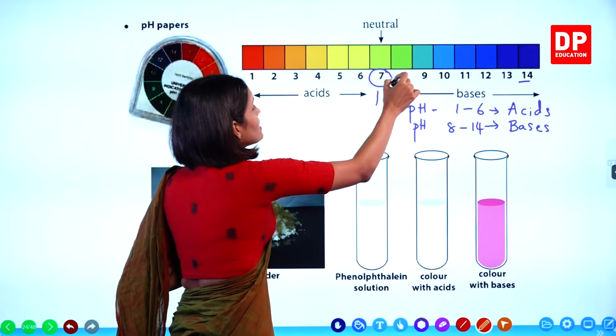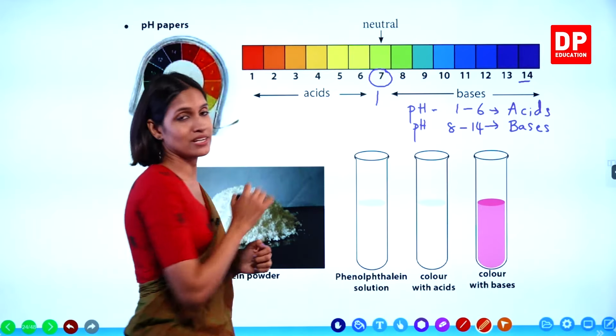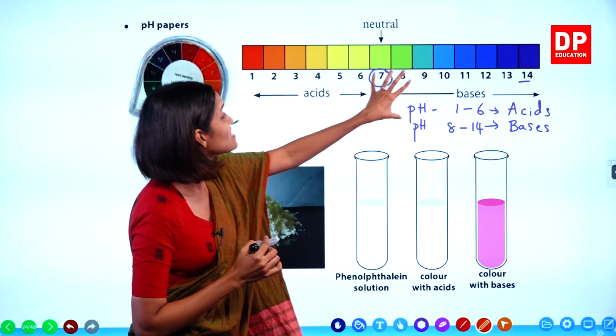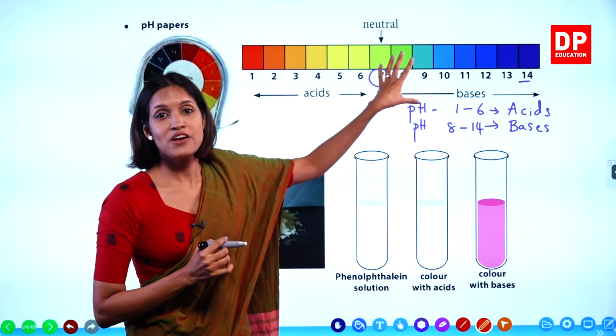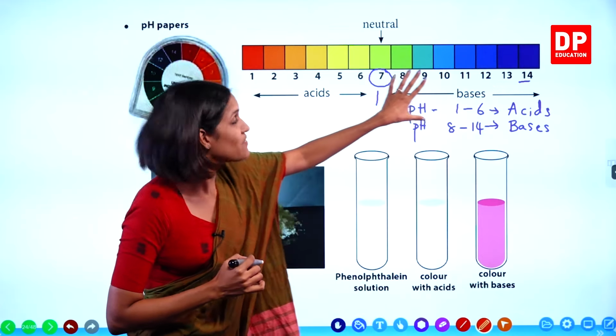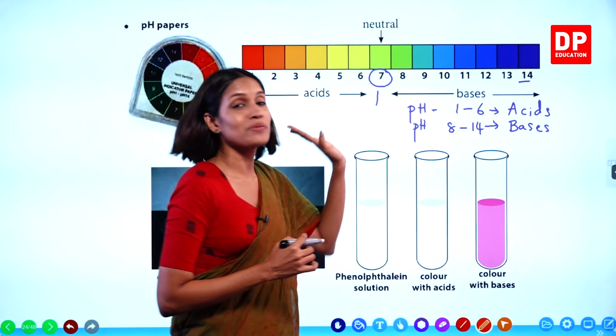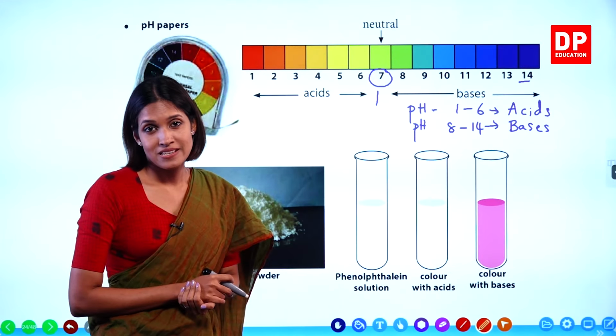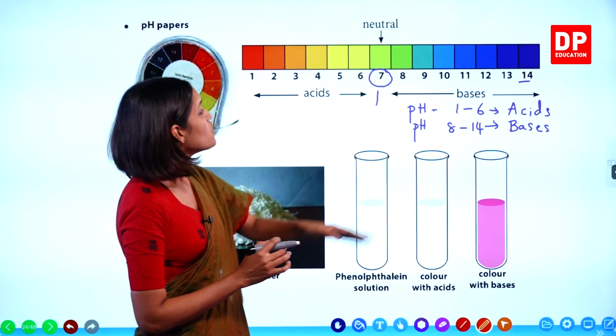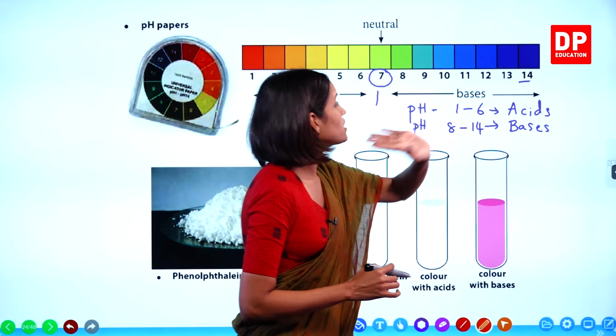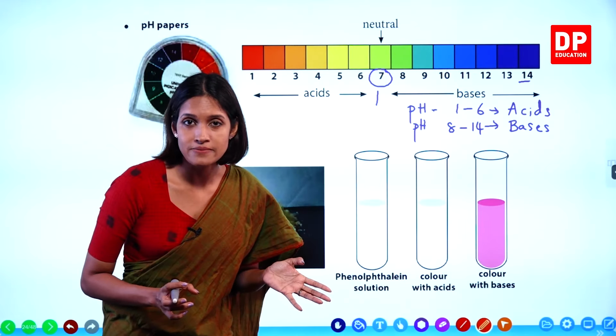When it comes to 8, 9, they are closer to 7. It means their basic nature fades away and it gets close to neutral substances. So pH 8, 9 come in under weak bases. Understand, children? pH 12, 13, 14 belong to strong bases.